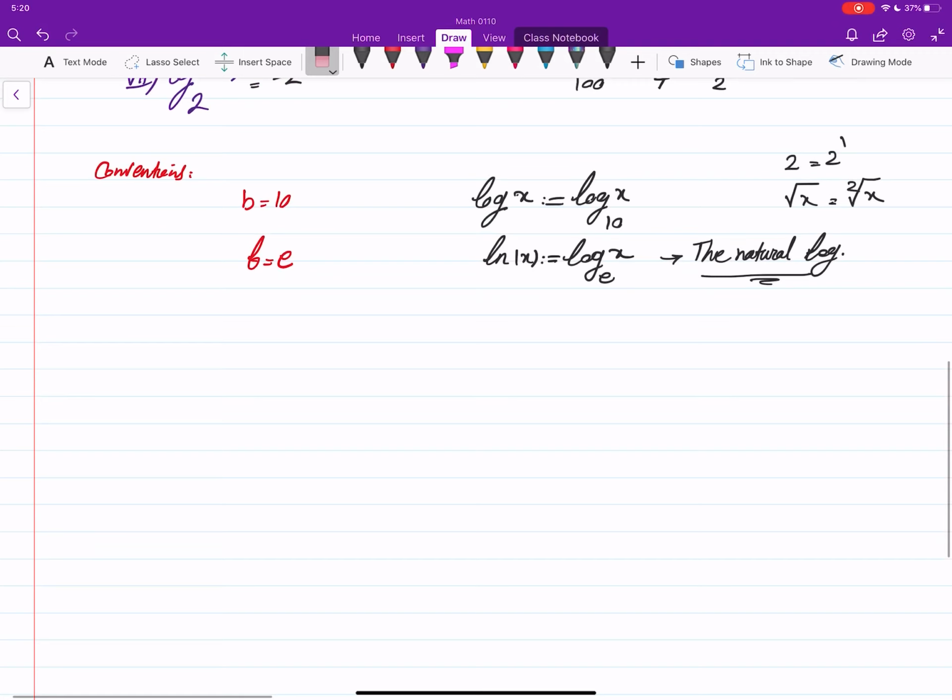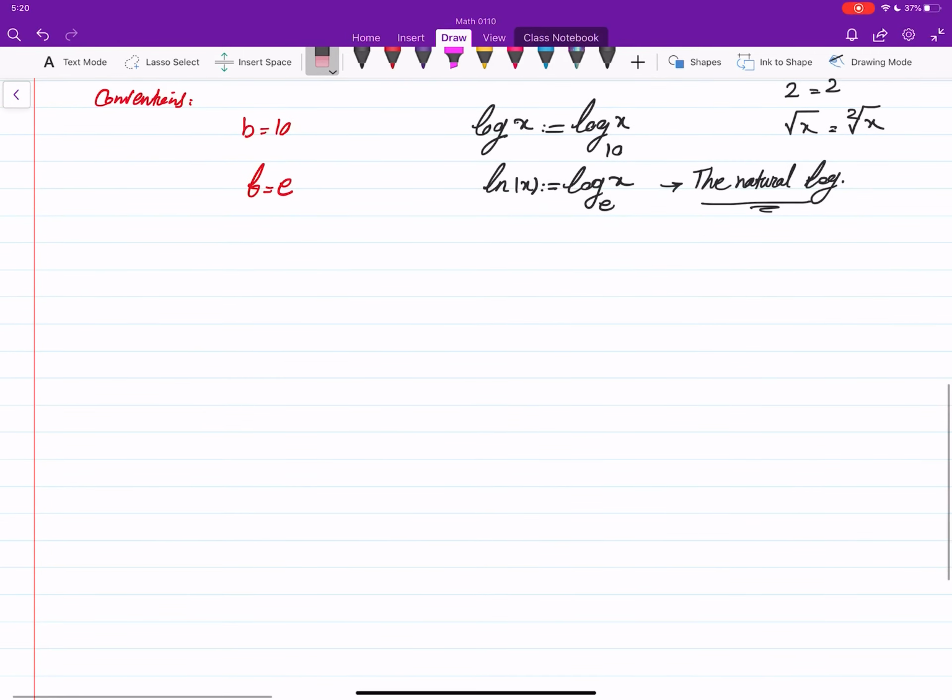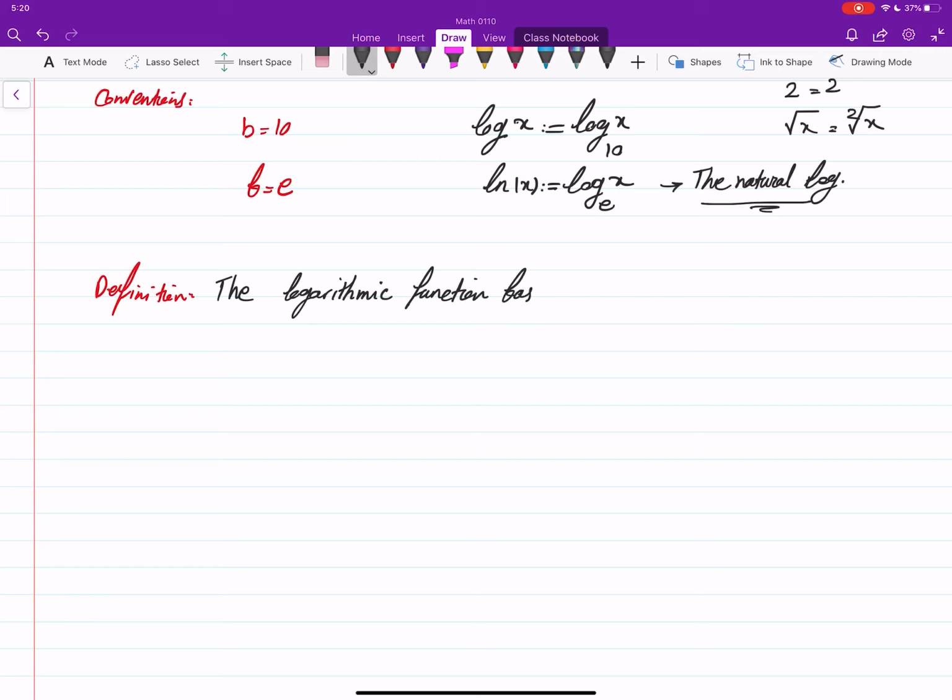Well, we can take log as a function. So again, this is a logarithmic function. This is the definition. The logarithmic function with base b is when you have f of x is equal to log of x base b.